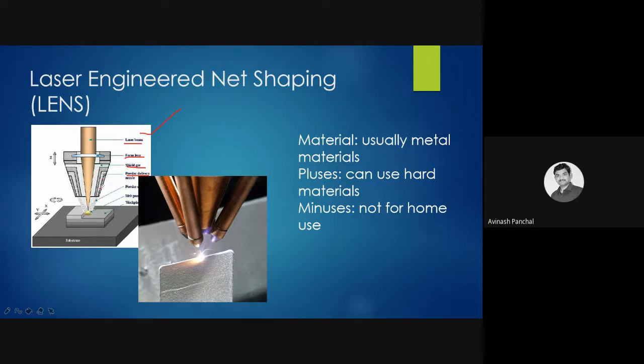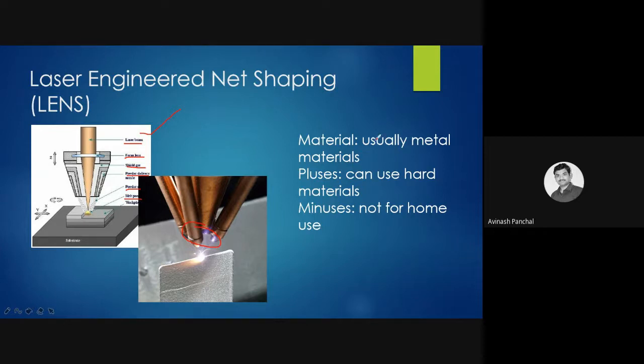From this side the powder is deposited on the targeted area, and with the help of the laser the powder gets melted and the workpiece takes its shape. Here there are two or three lasers melting the powder as it comes from this side, and the deposition is going on over here.